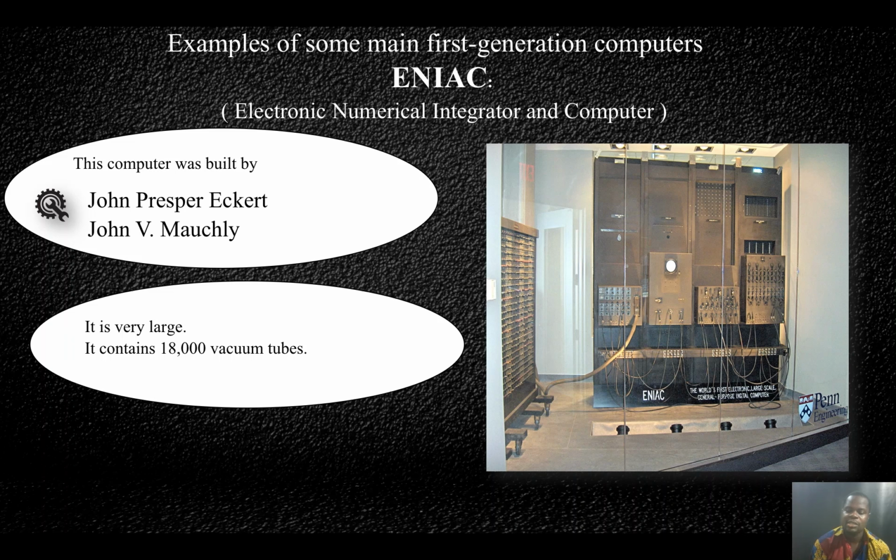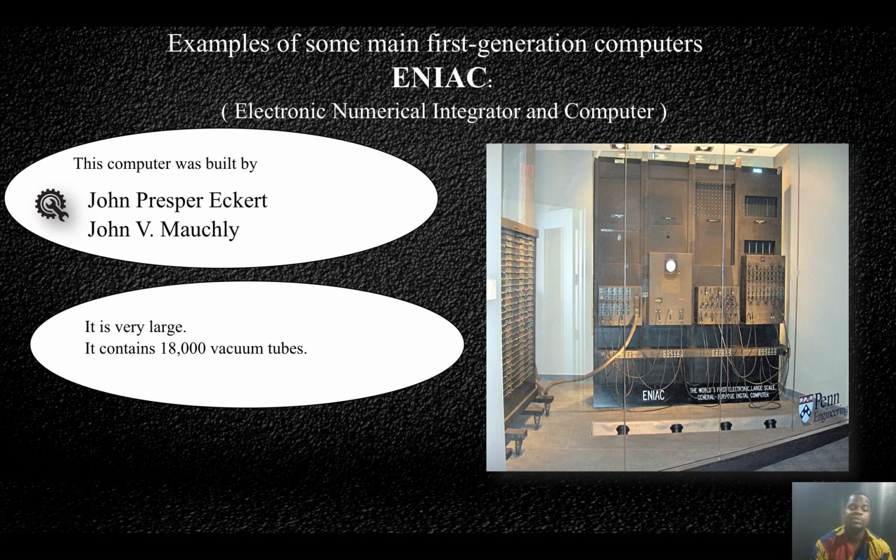And this nice computer was built by John Presper Eckert and John V. Mauchly. So these two people were the ones who brought up the idea, and then they were able to do something nice and brought out something like this. So the ENIAC was the first one that was created, the Electronic Numerical Integrator and Computer.